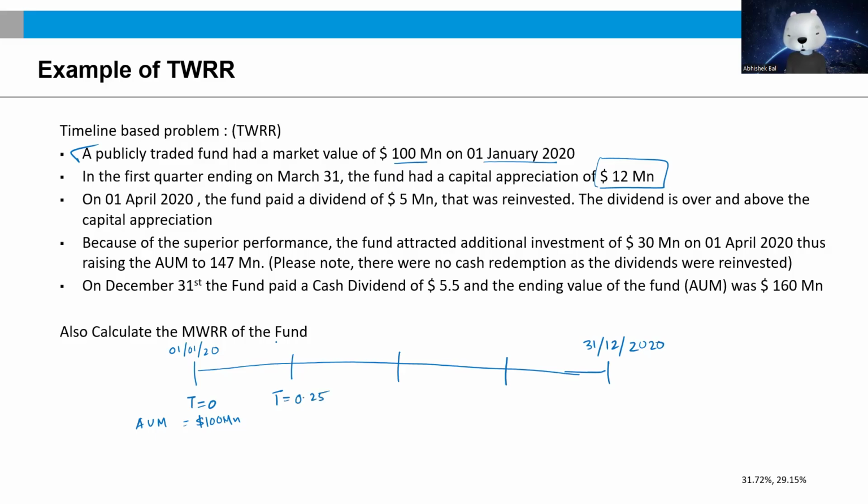So at t is equal to 0.25, which happens to be 31st of March 2020 oblique 1st of April 2020, as I said, the borderline dates are to be treated as one and the same. The fund had a capital appreciation of 12 million. That means the fund, which was having a market value of 100 million, has now got a capital appreciation of 12 million and has effectively become 112 million.